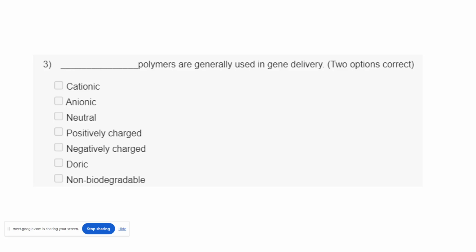Cationic and positively charged. Okay. Option 1 and option 4. Okay.